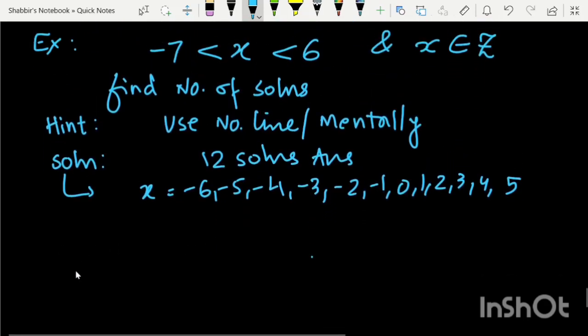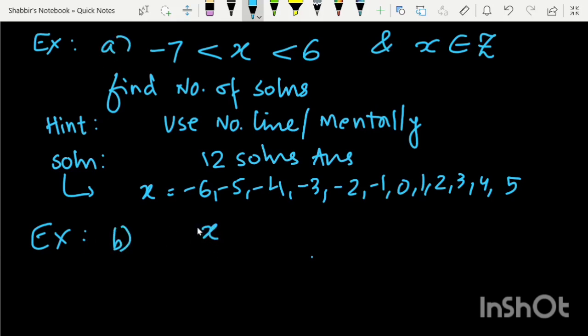Let's move on to the next example now, guys. In the same question, let's take this as part B: if it is -7 less than or equal to 5 by 3 and x belongs to Z, then the question is the same.